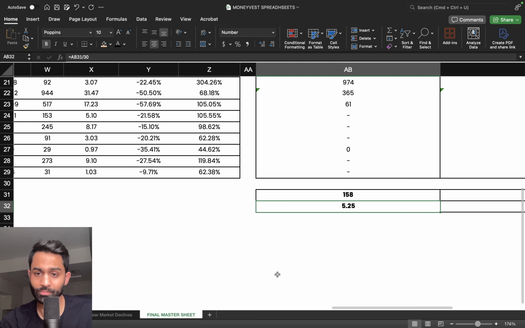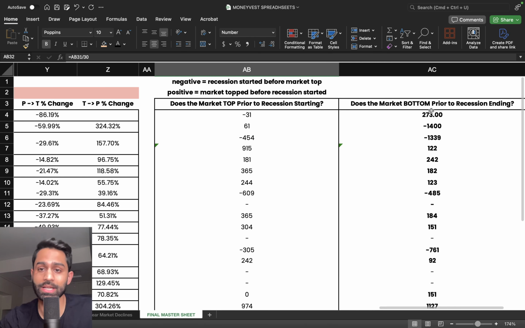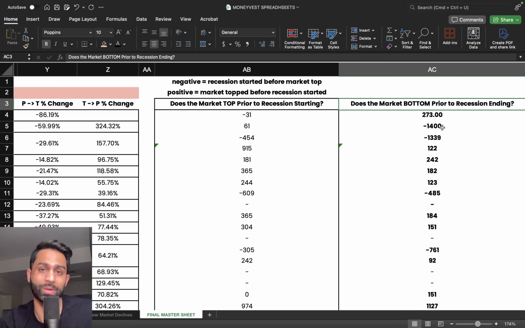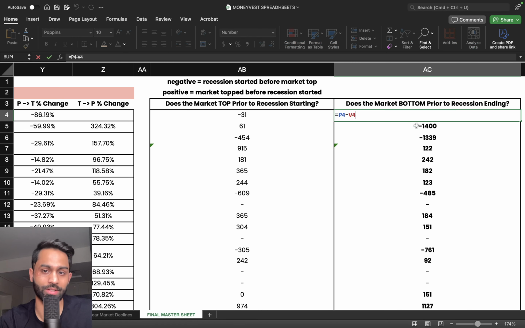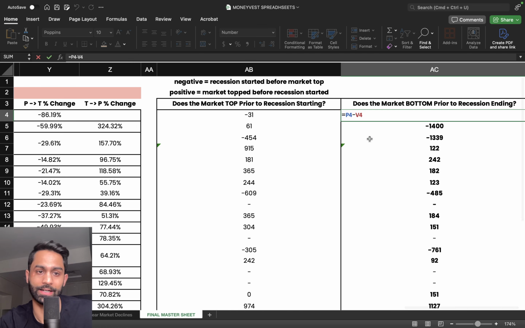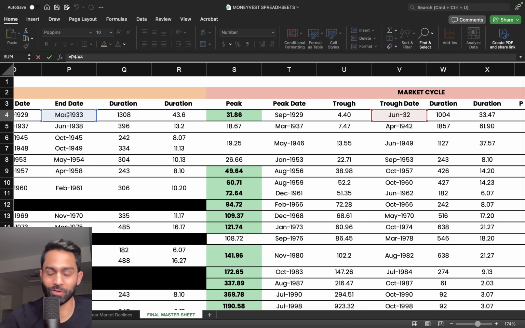And then if you come over to the second data set, the question we're trying to ask is: does the market bottom prior to a recession ending? In other words, is the market also forward looking to a point where it forms a bottom before the recession is even over? And the same thing is true for this. We're taking into account the trough date, which is the market bottom, and the ending date of the recession.